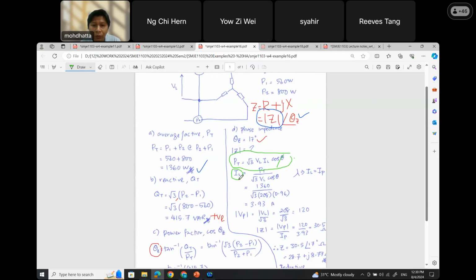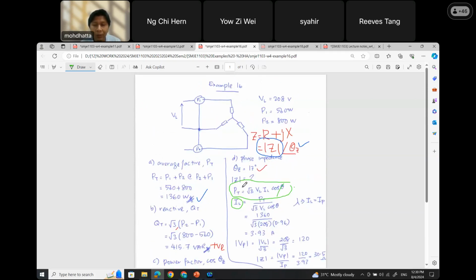Because I want to use this current so that I can calculate my Z. However, I must keep in mind that since this is a Y connected load, the line current that I have over here is the same value as my phase current.